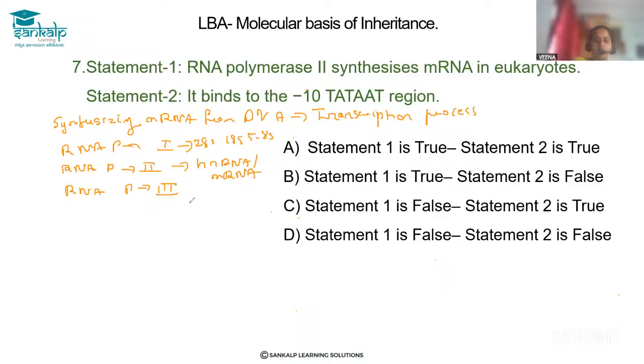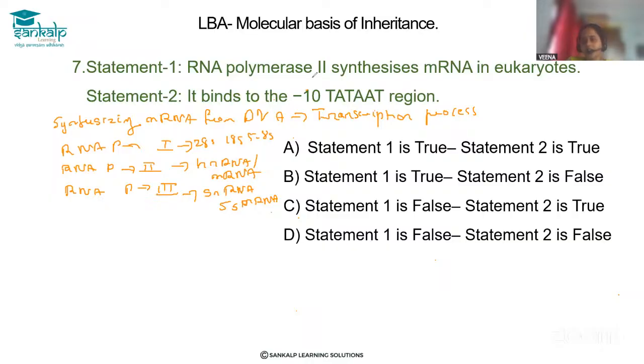And RNA polymerase 3 is involved in the formation of small nuclear RNA or 5S rRNA. So this is the function of RNA polymerase 1 and 3. You should note this properly, then you can easily solve the question.